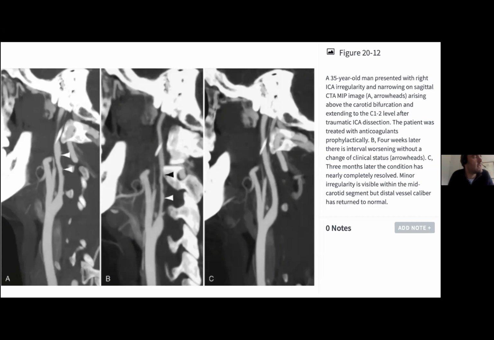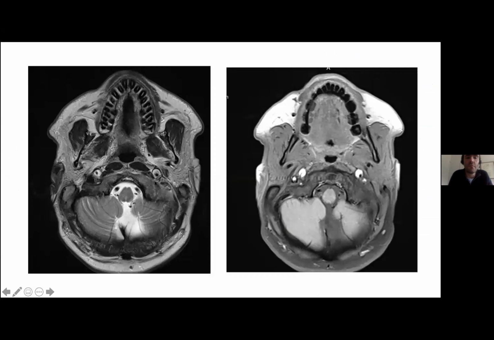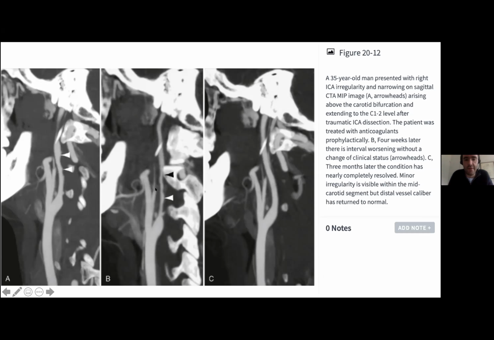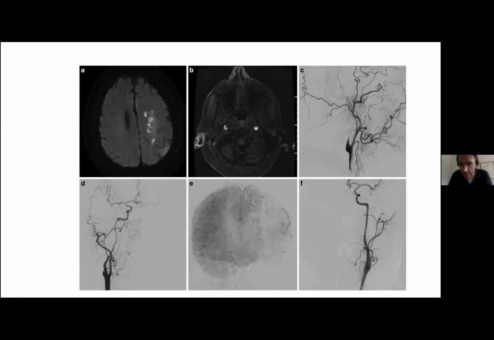There was a trial called the CADISS trial, which showed no difference between those two, and it actually showed that the risk of another stroke is very low in these patients. Or if they are having repeated large vessel occlusions, there are some people that are very aggressive with these and end up doing all sorts of stuff with them.